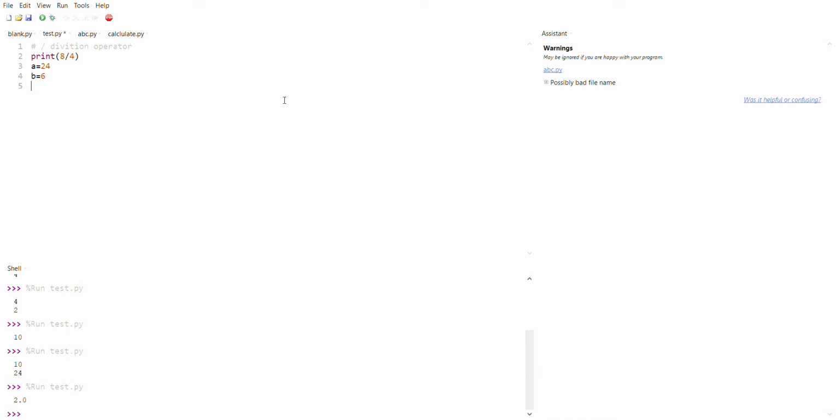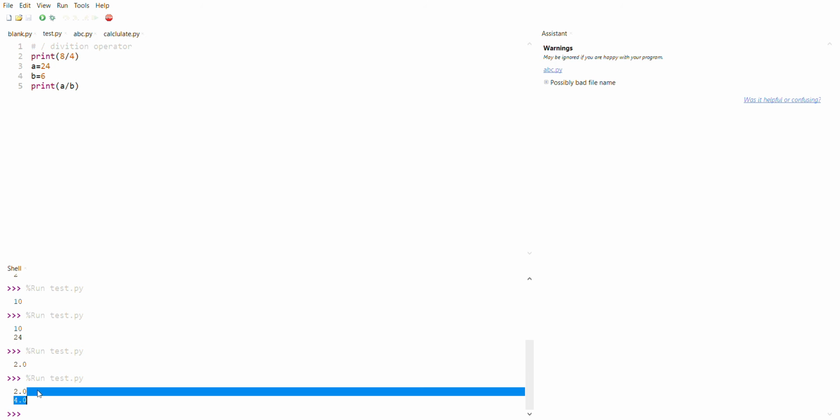Now print A divided by B. Simple. Now let's run it. So 8 divided by 4 is equal to 2, and 24 divided by 6 is equal to 4. Its answer is given.